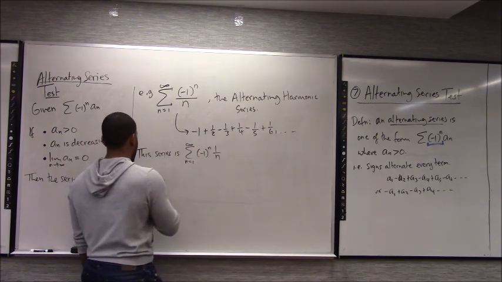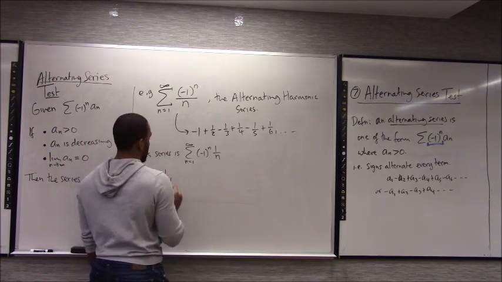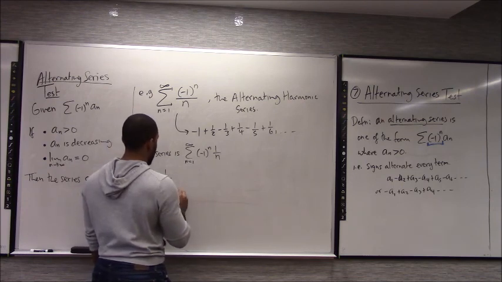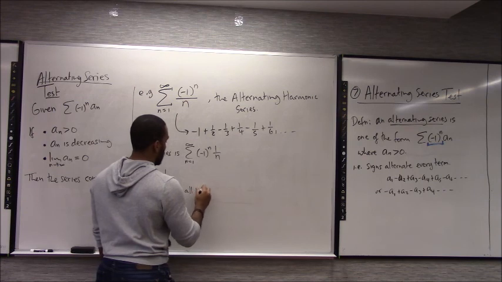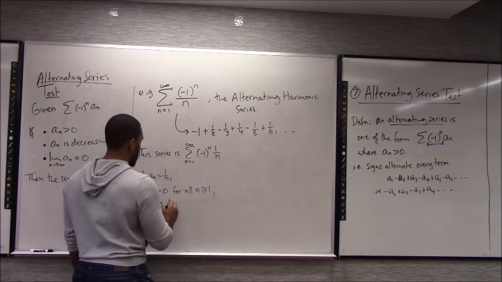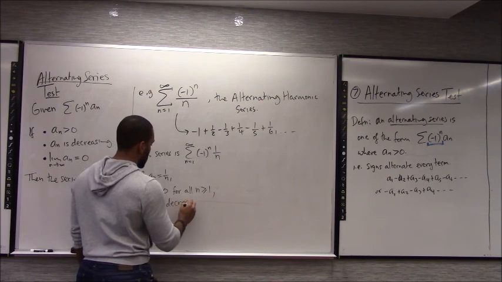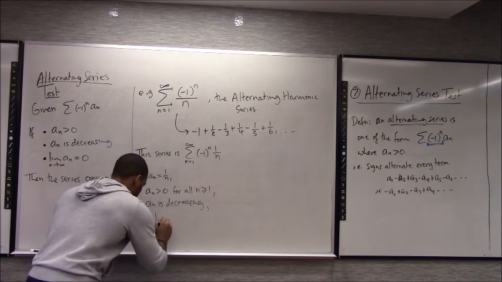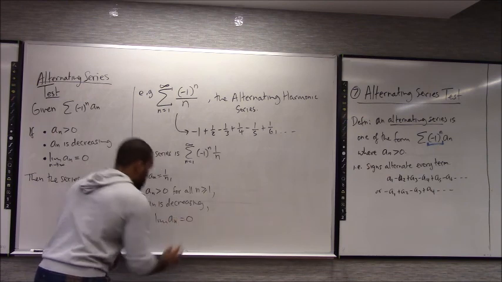So if a_n equals 1 over n, you can note a_n is always positive for all n. a_n is decreasing. And the limit of a_n equals 0.